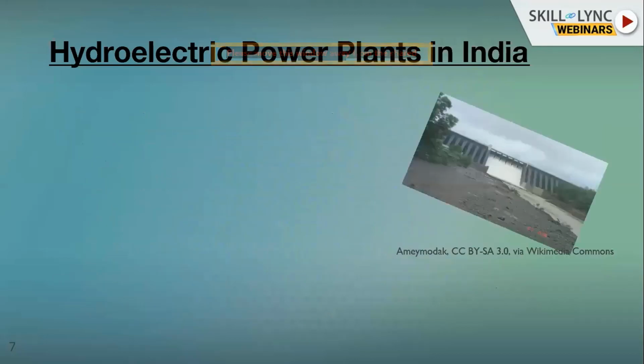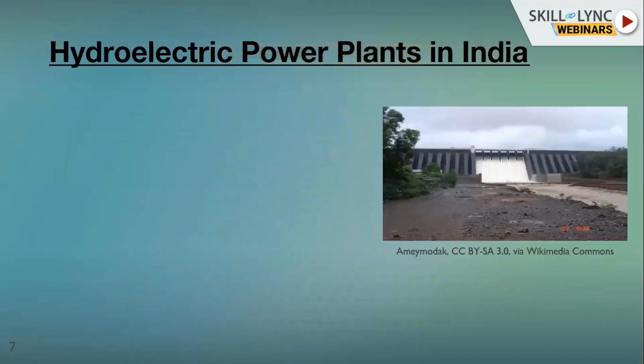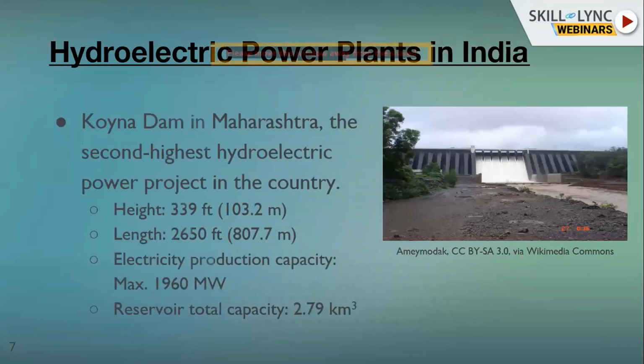The second is located in Maharashtra, named Koyna Dam. It has a height of about 103 meters, a length of 807 meters, a power producing capacity of 1960 megawatts, and a total reservoir capacity of around 2.79 cubic kilometers.